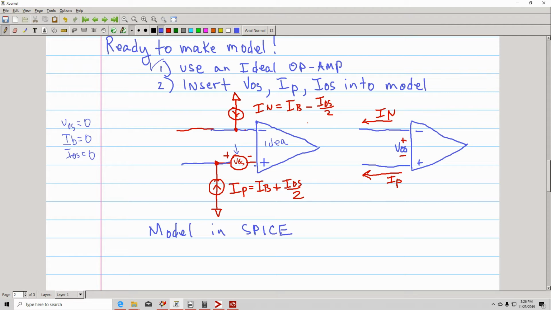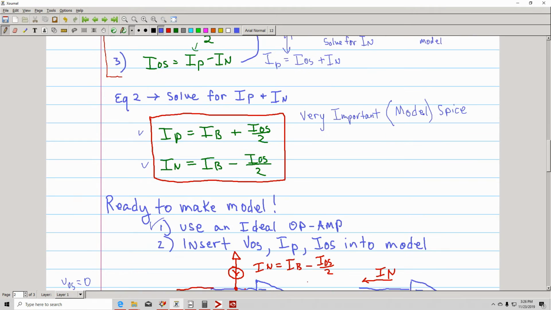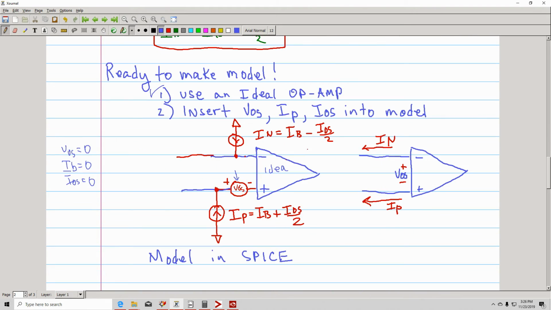Like you see here, you insert a VOS into the positive node, you insert a VOS signal with a positive on the left, and this will be random. In other words, this can change opposite. In other words, it can go from a negative to a positive. So basically we're going to have two answers, okay, or it gives you a range basically.